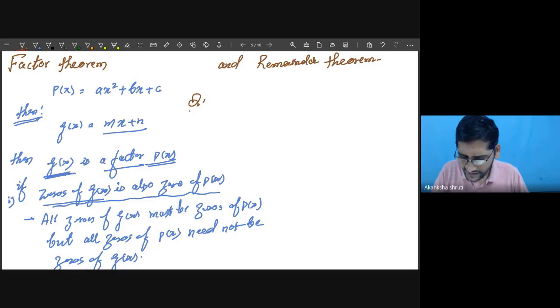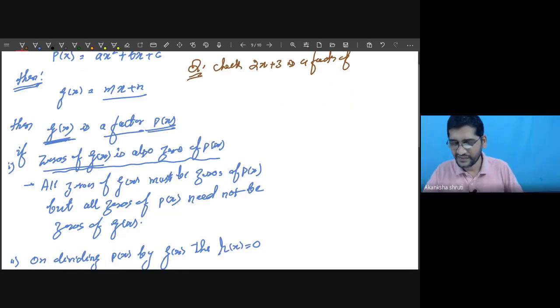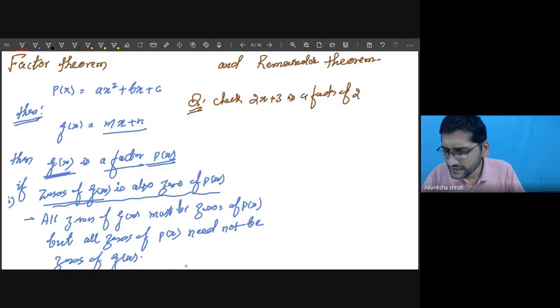So you have to check whether this 2x plus 3 is a factor of 2x square minus 6x minus 3 or not. That we want to check.